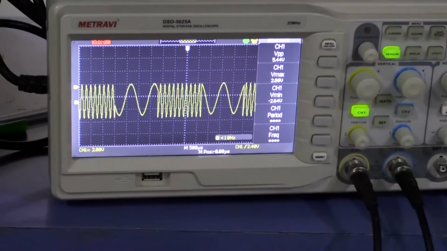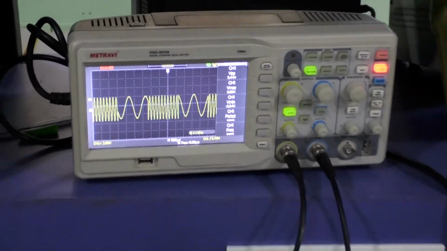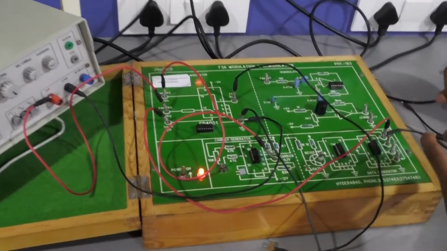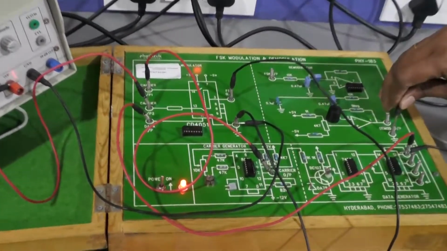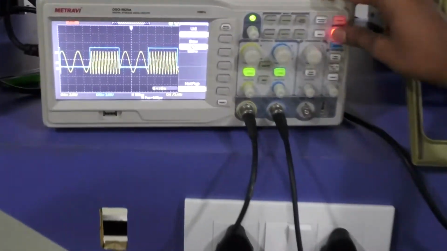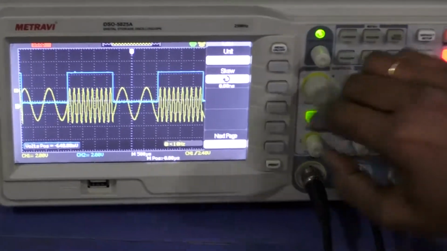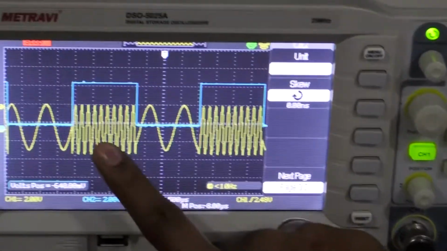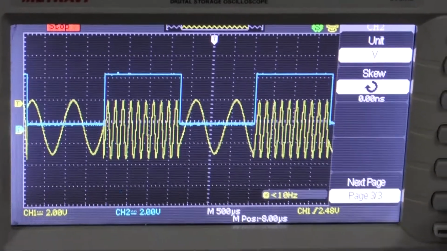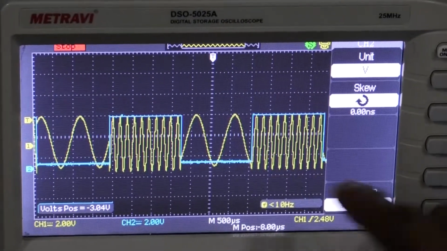So that's why I am going to connect channel 2 with the same data which is used to transmit. By using channel 1, see here. So now see here. If I am transmitting 1, we will get the high frequency signal. If I am transmitting 0, I will get the low frequency signal.